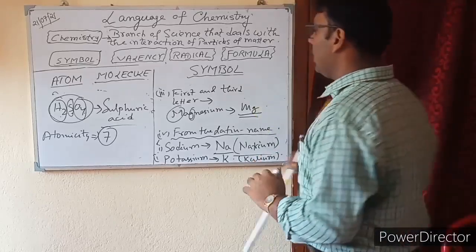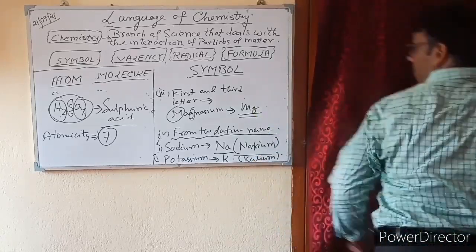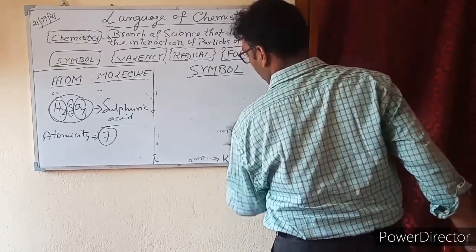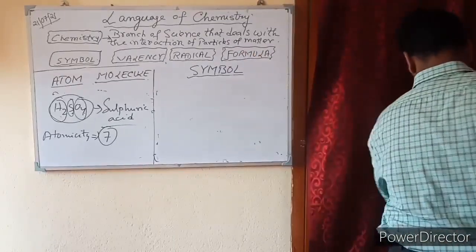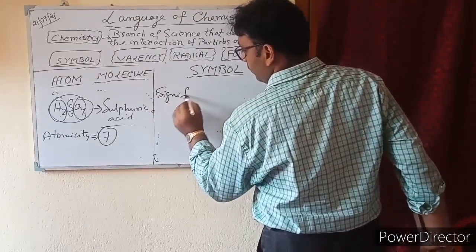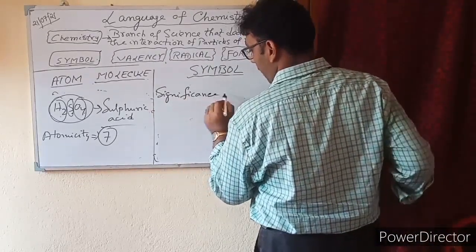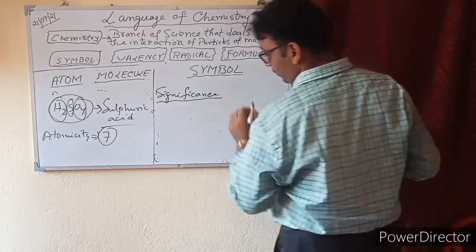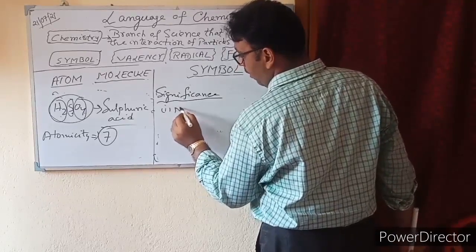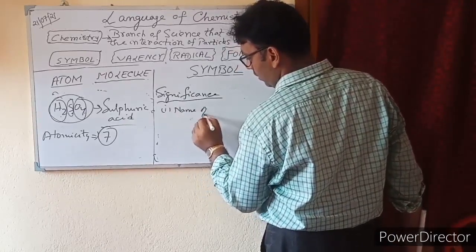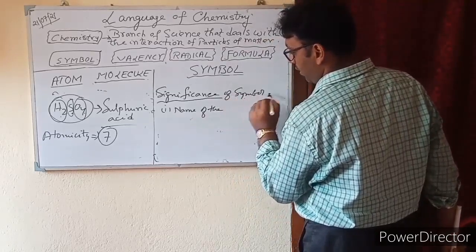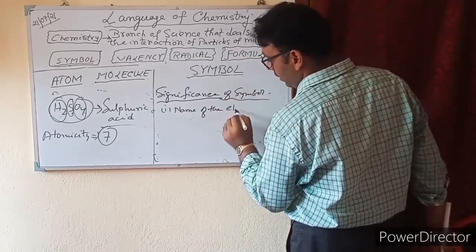So in gist, what significance do you get from the symbol? Write the significance. Number 1, name of the element.